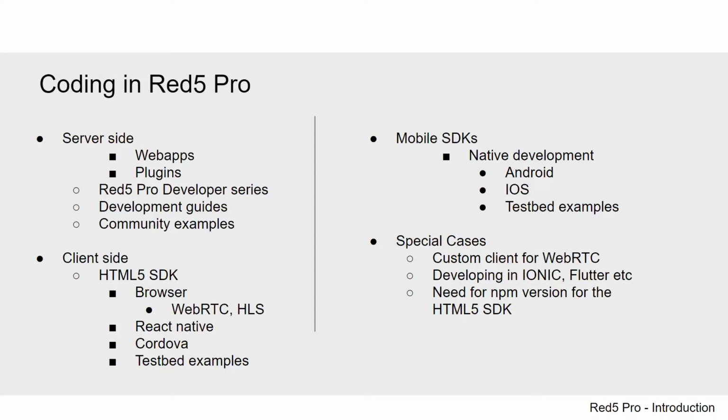As mentioned before, web apps are server-side applications that are the entry point on the media server for your clients. Plugins are created to extend the capabilities of web apps or the server as a whole. Both web apps and plugins are coded using Java programming language.